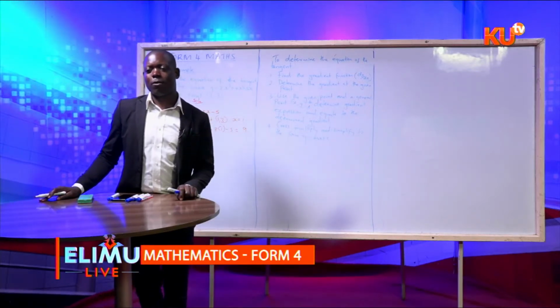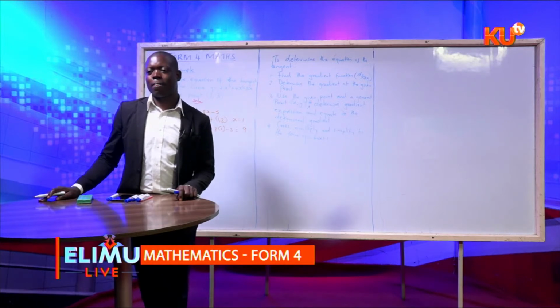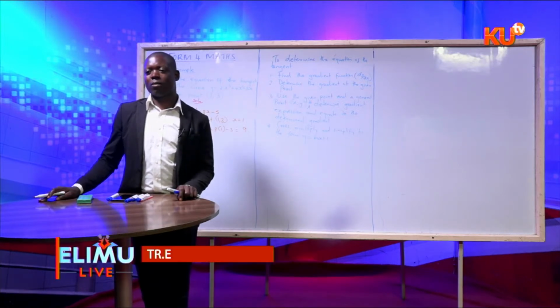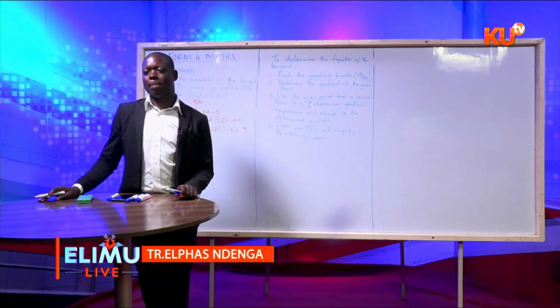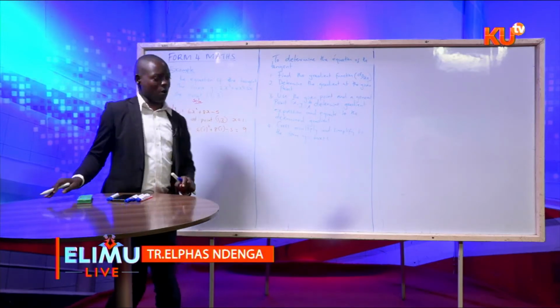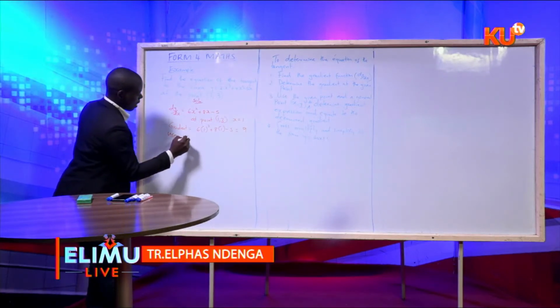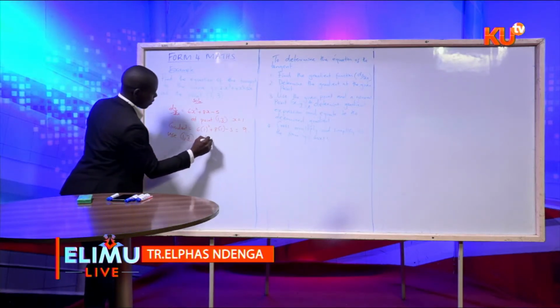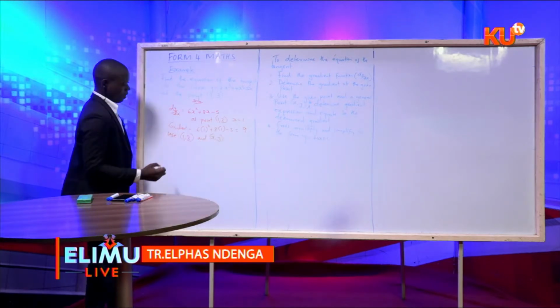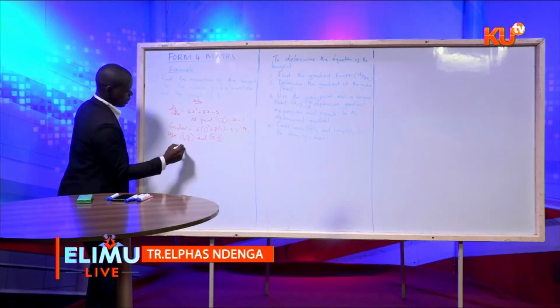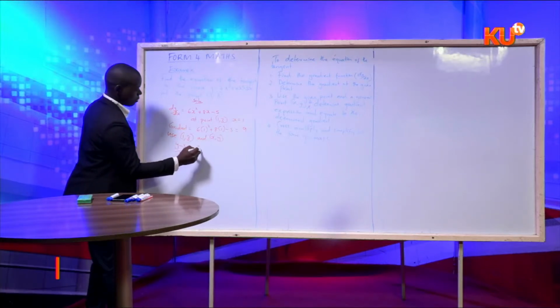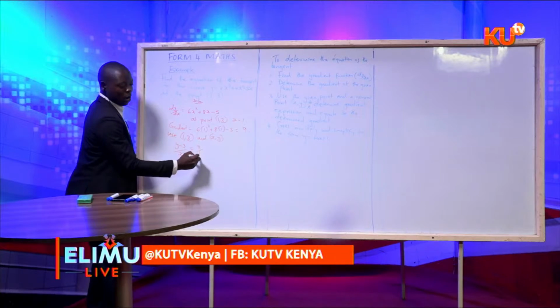Now, can you get the equation of the line? Remember, it's a straight line. How do you get the equation of the straight line? We use the point 1, 3 and xy. Therefore, y less 3 over x less 1 is equal to the gradient, which is 9 over 1.